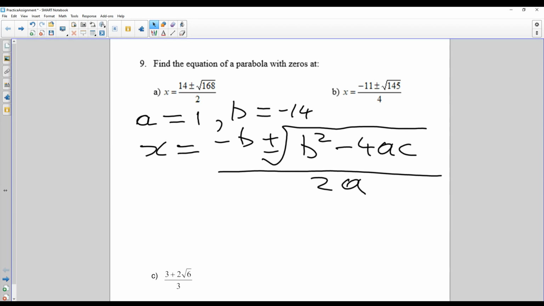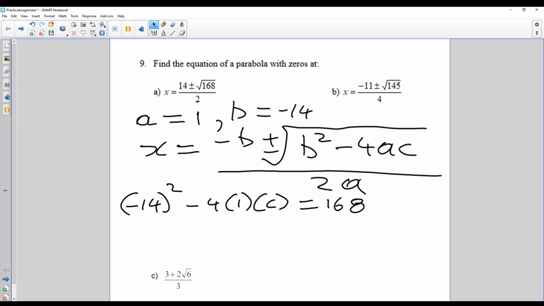We said the B was minus 14. So minus 14 squared minus 4 times A, which we said was 1, times C, which we don't know what that is yet, that should be equal to the 168. That's what that means, because that's what's under the square root sign. Just match them up. The square root sign gives us 168.